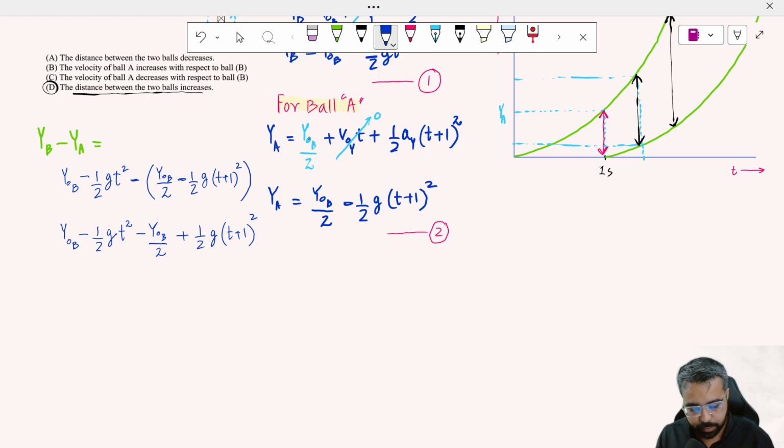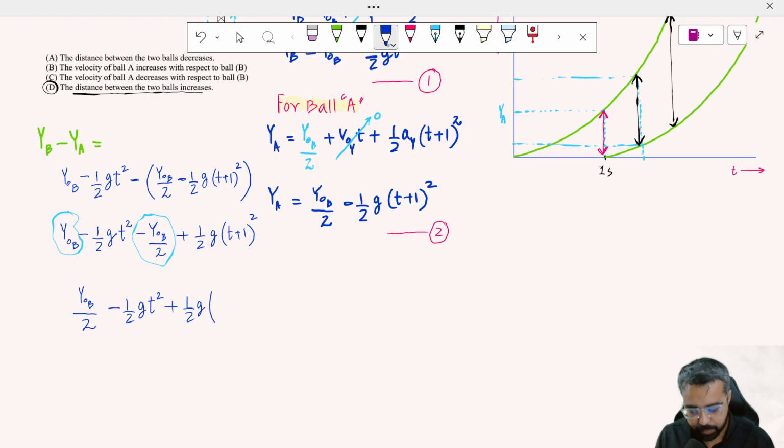Now you have to solve it, and you see that this will subtract from this one, and it will become the initial position divided by 2, and negative 1 over 2 g t square plus 1 over 2 g.